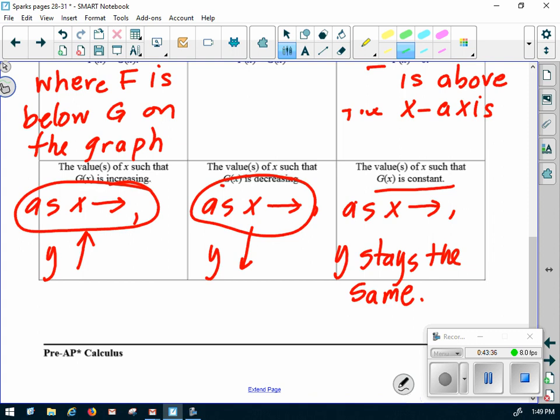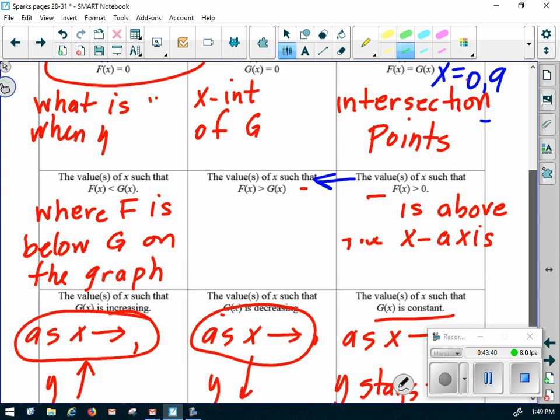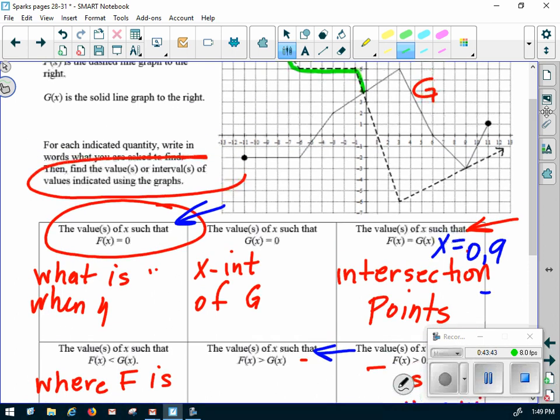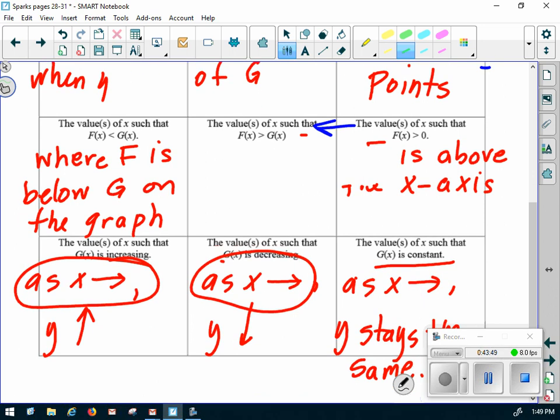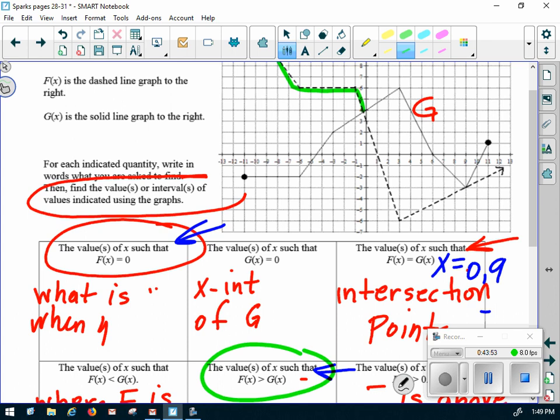Question? For, wait, which one am I looking at here? This one? Okay. F of x is greater than g of x. Here's the question.